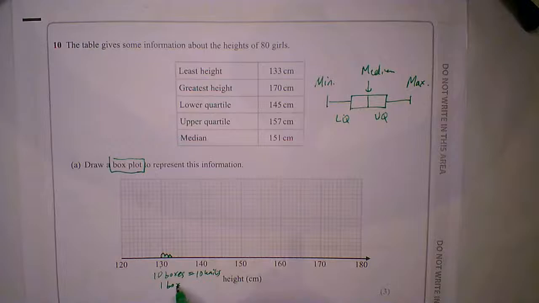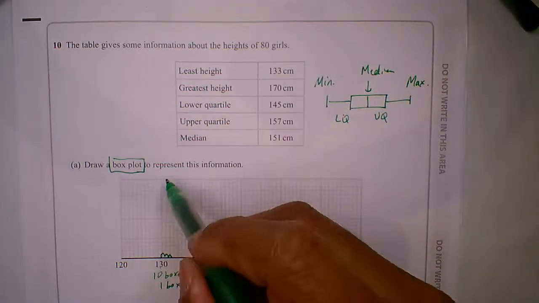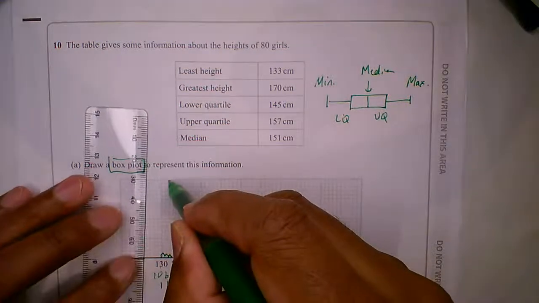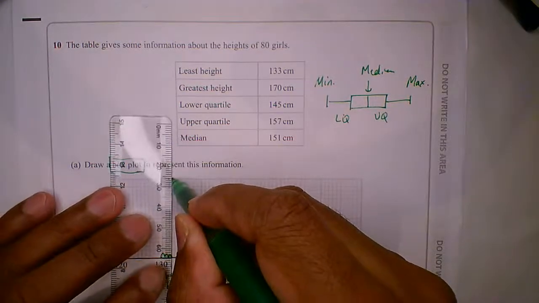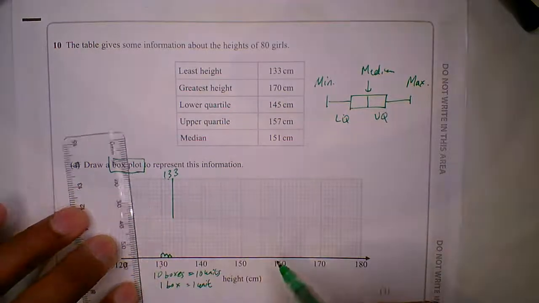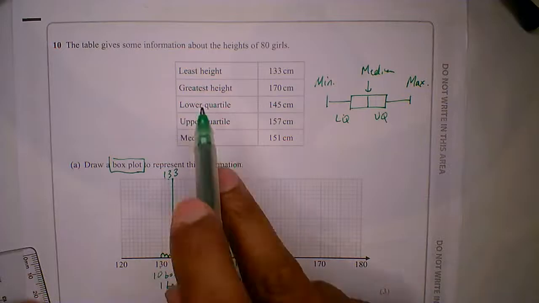When I'm drawing this accurately, I can plot it well. I'm looking for 133, so just 3 boxes: 1, 2, 3. I like to put the number at the top as well, 133, just so that it's easy for me to work out later on. So that's my least value.